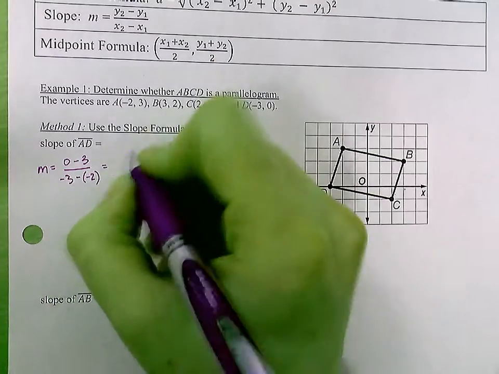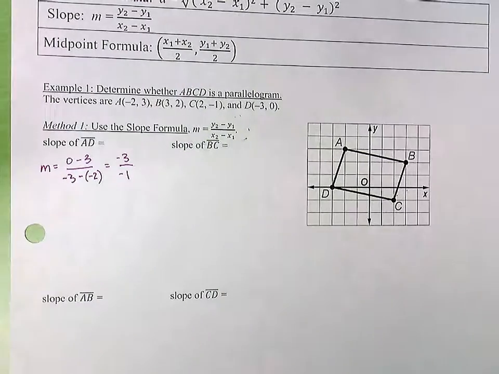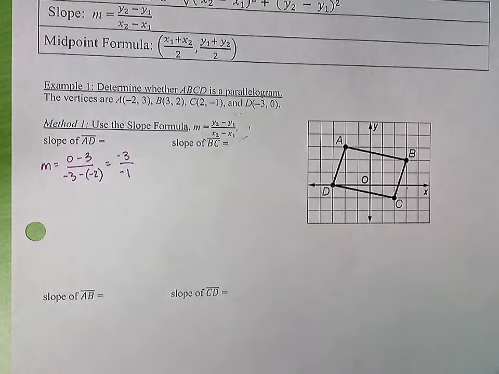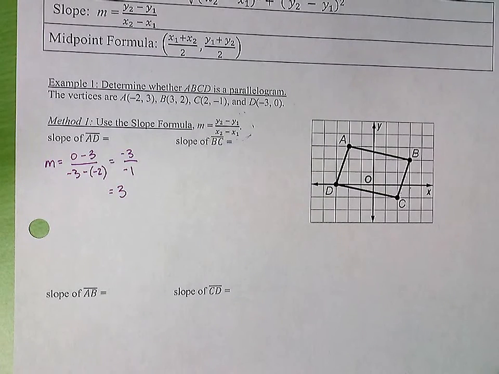Okay, so I have negative 3 over negative 1. Okay, that's just 3. Okay, so I'm just finding the slope of each of these lines.